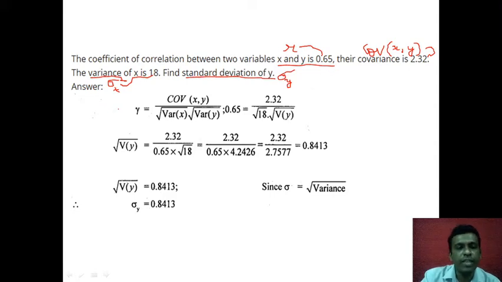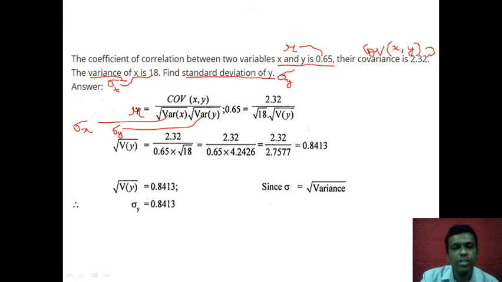So the same formula which we have seen in our last video lecture, Karl Pearson's coefficient of correlation, r is equal to the covariance between x and y divided by the square root of variance. The square root of variance, we have seen, is nothing but sigma x, that is the standard deviation, and this is nothing but sigma y. So covariance between x and y divided by sigma x into sigma y.